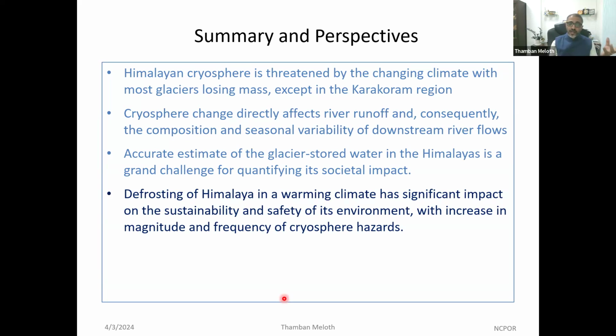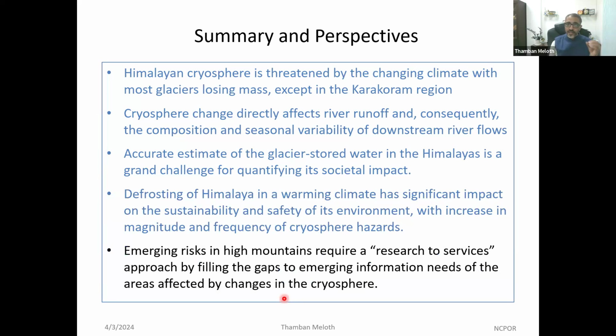And defrosting of the Himalaya in a warming climate has a significant impact on the sustainability and safety of its environment, with increases in the magnitude and frequency of hazards. Emerging risks in high mountains require a research to services approach, filling the gaps to meet the emerging information needs of society, affected especially by those changes happening in the cryosphere.